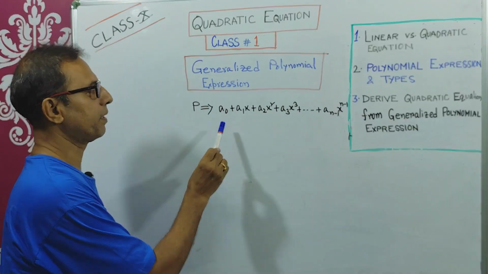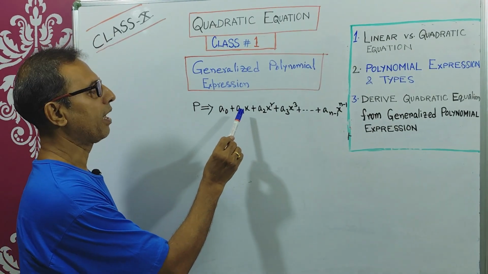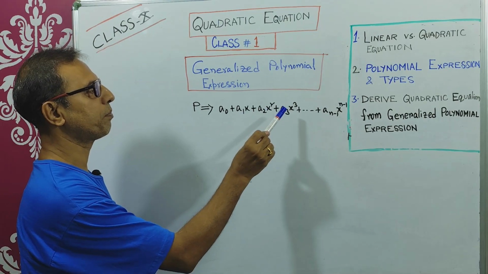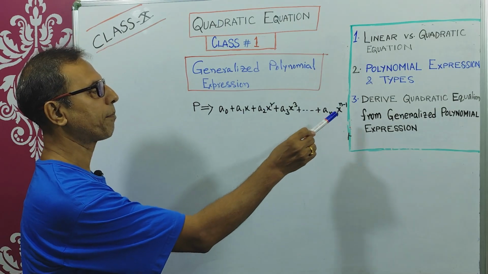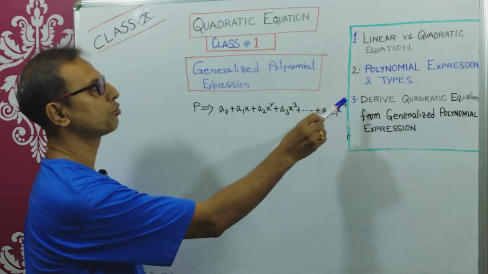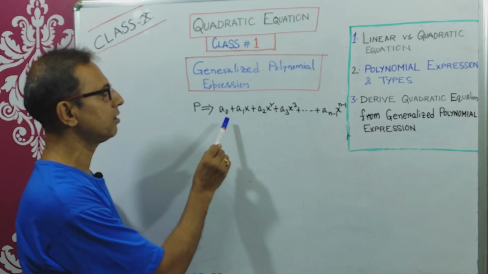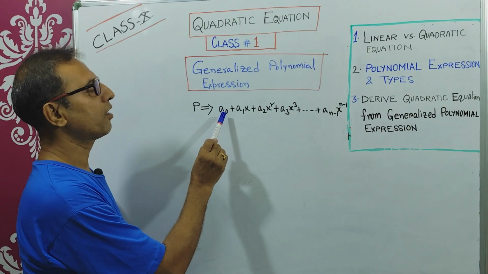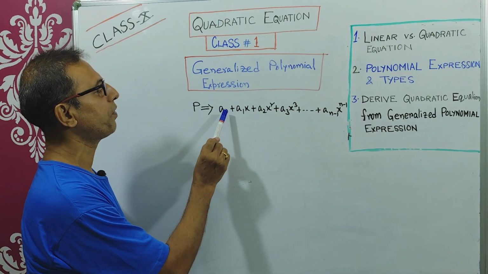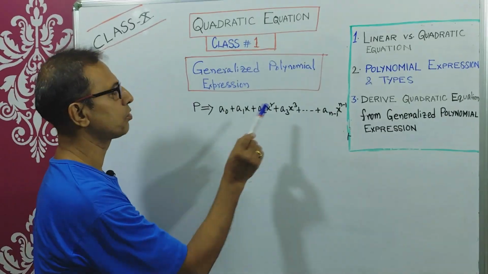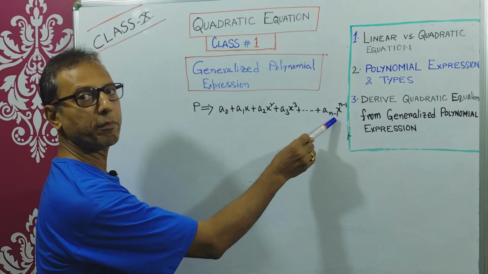That means what you can see, the coefficient part, it is starting from 0 to n minus 1. So 0 to n minus 1 means n number of terms.